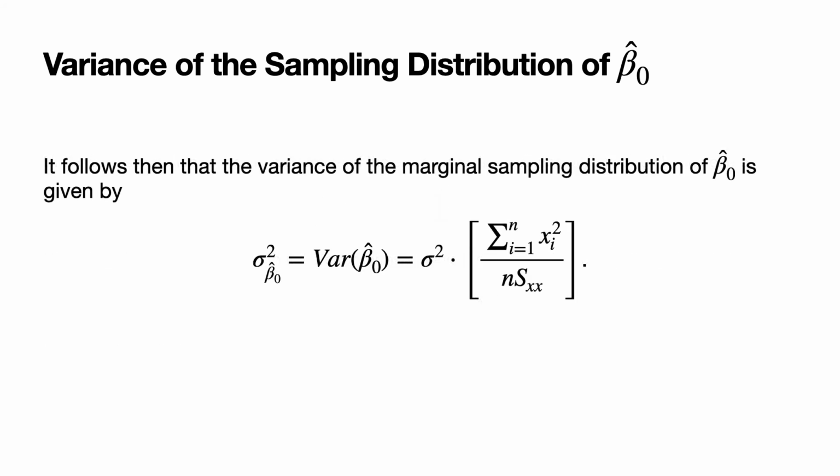And so it follows that the variance of the marginal sampling distribution of beta 0 hat is equal to this expression here, sigma squared times the sum of the squared x values divided by n times s sub xx.